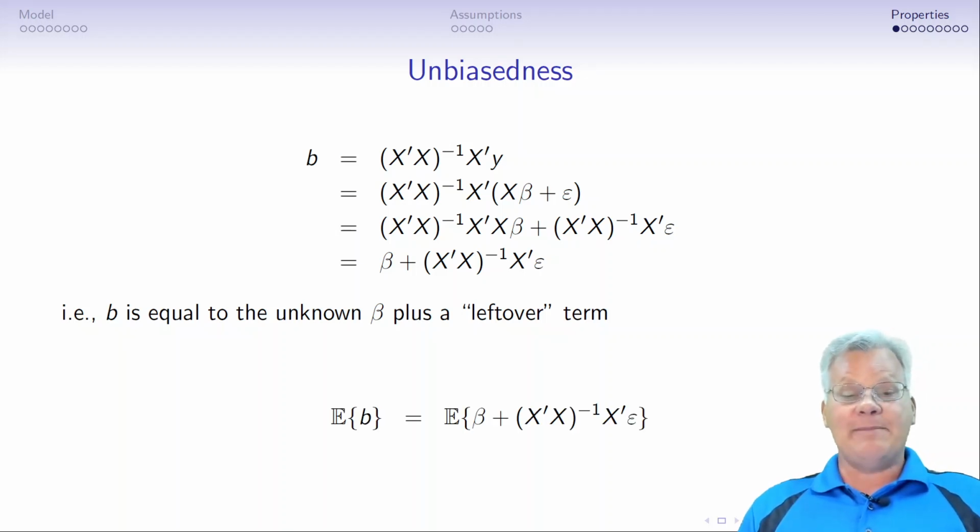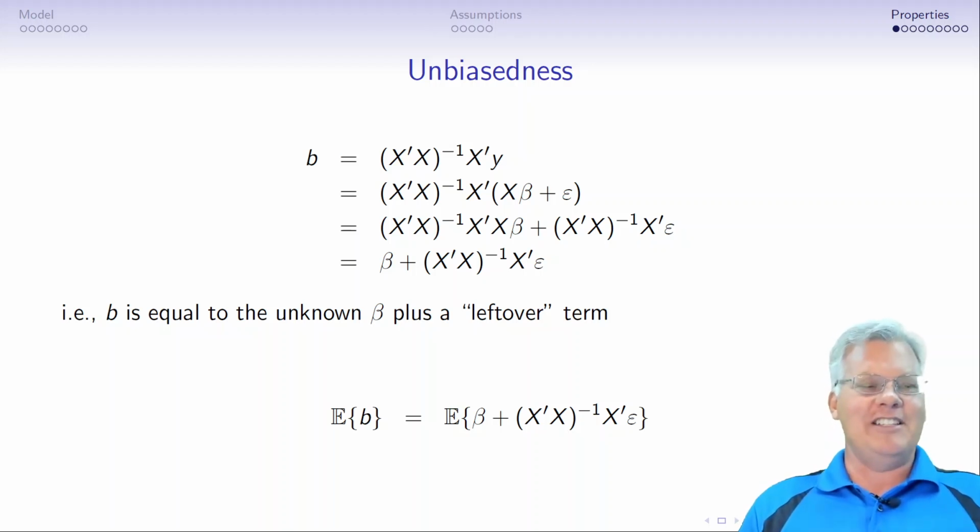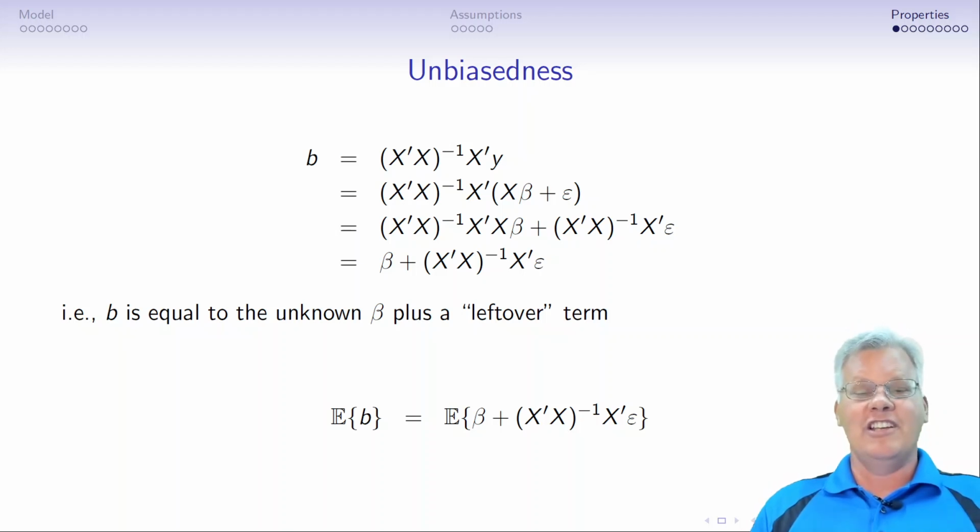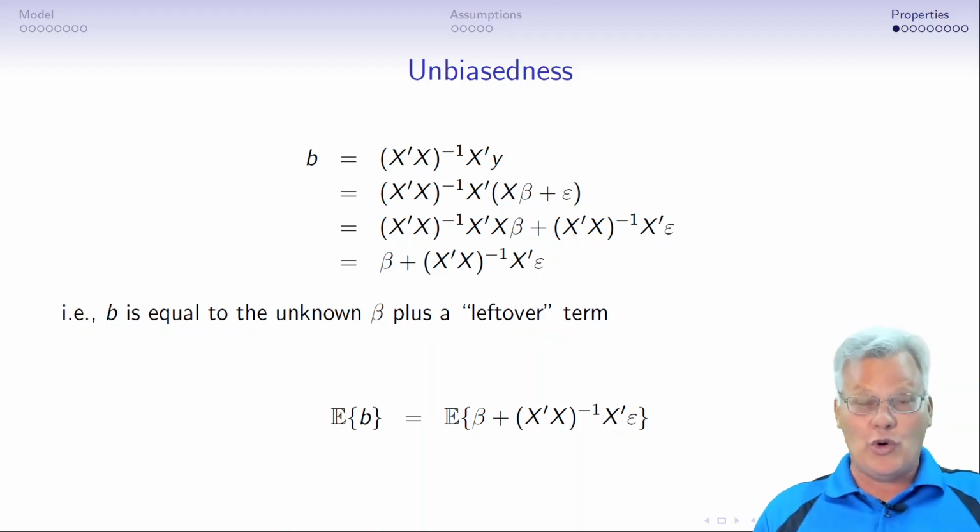Now if I take the expectation of B, you remember the expectation of a sum is equal to the sum of the expectations. Beta is unknown to us, but it does not have a statistical distribution, right? It takes on some discrete value with certainty, but we just don't know what that value is, right?